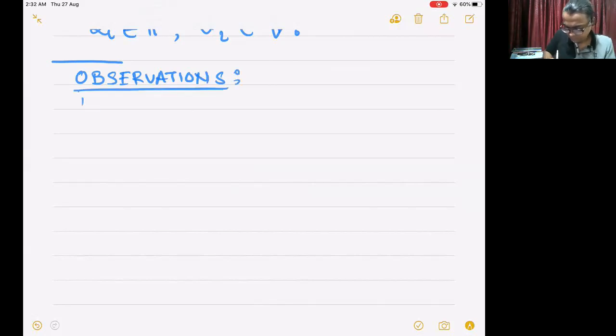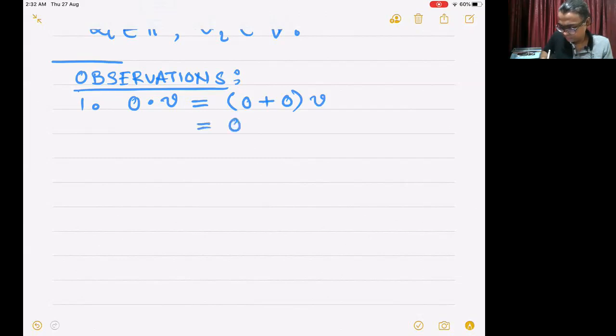Number one, 0 in the field times a vector in the vector space is equal to, because of the first distributivity property, this is 0v plus 0v.